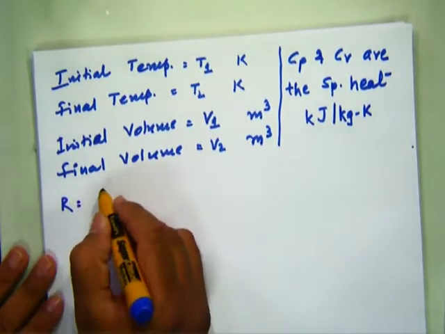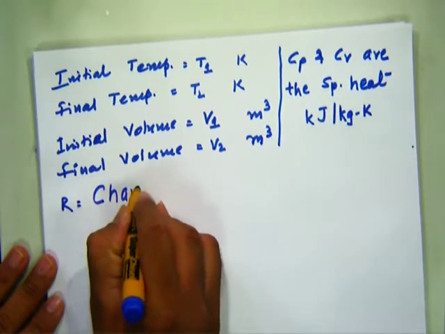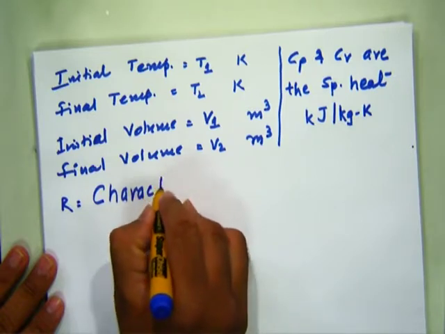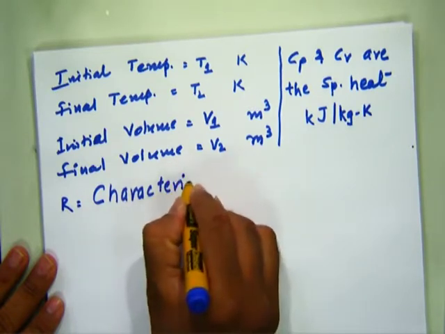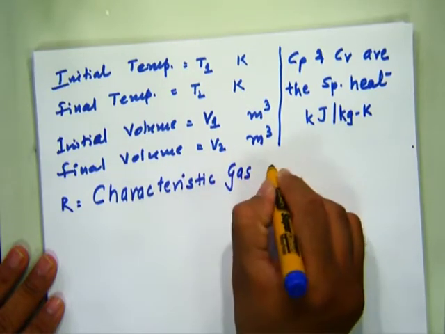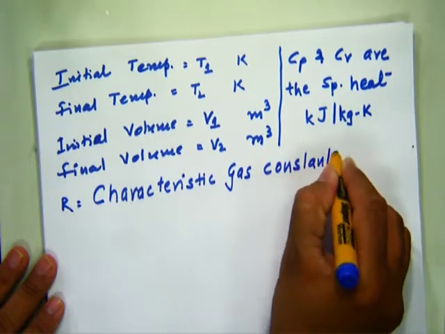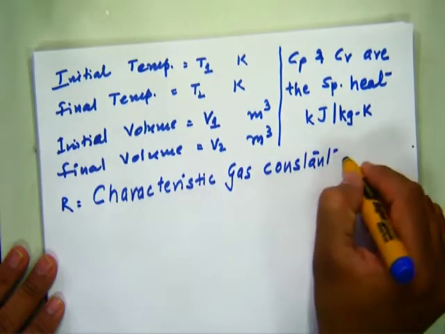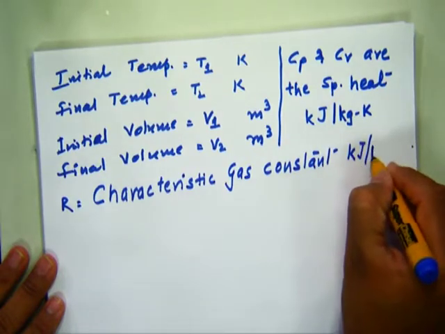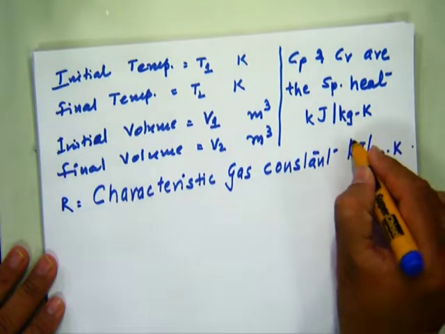R is the characteristic gas constant, that is also in kilojoule per kg Kelvin.